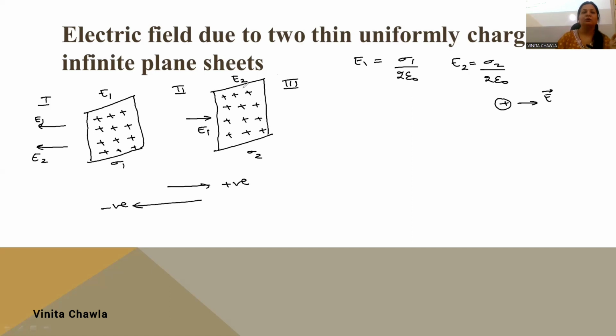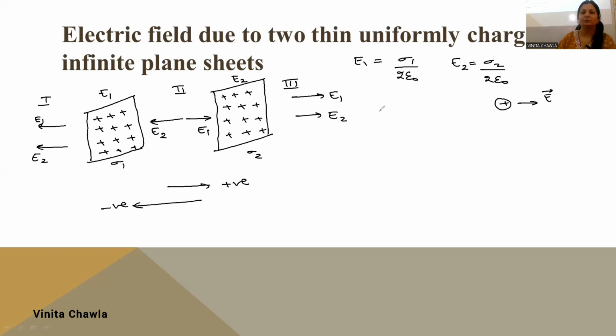So for this sheet, what should be the direction of E2? Towards E1. And in the third region, E1 will point in this direction and E2 will point in the same direction where E1 is pointing. They are pointing in the same direction. Now we are going to find the electric field intensity in these three regions one by one.